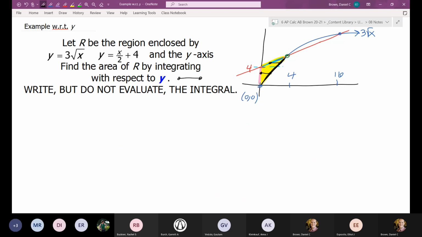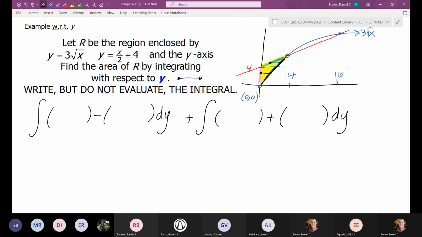Before I do anything, I like putting down an empty integral, and that way I can fill in everything I need. We are doing this in terms of dy. I'm going to add two of them together because it is going to take two integrals with respect to dy. Let's fill in the easy part first. I like working from the bottom to the top.